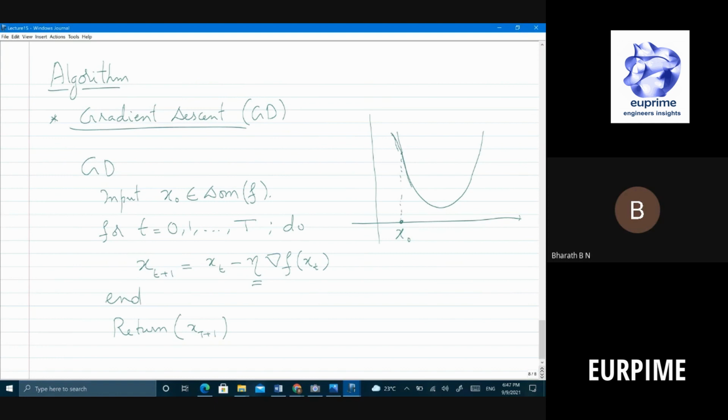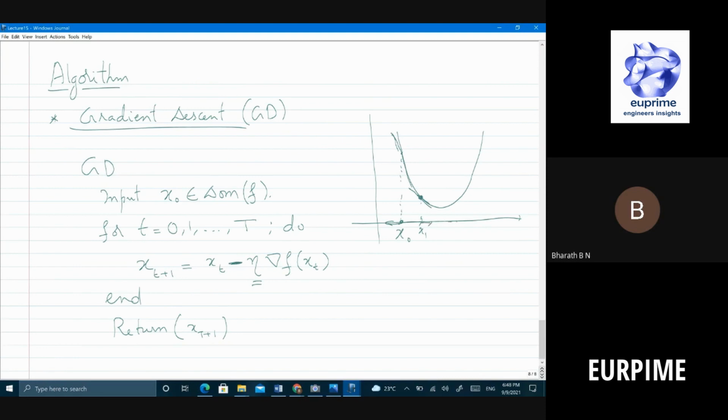It's negative. So if I just add the gradient, I will move in this direction. Do I want that? No. I want to subtract, so that's why you have minus here. Minus eta times gradient, so I'll move in this direction. This point is x1. Again, find the gradient. It's negative. Negative of negative is positive. You move some distance here and keep on moving. After T times, you stop.